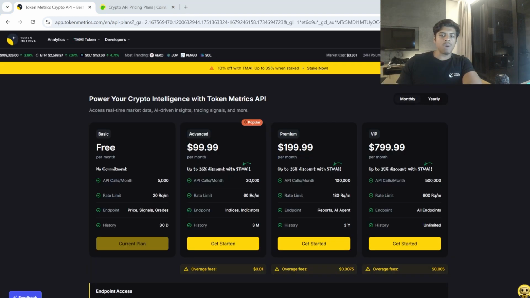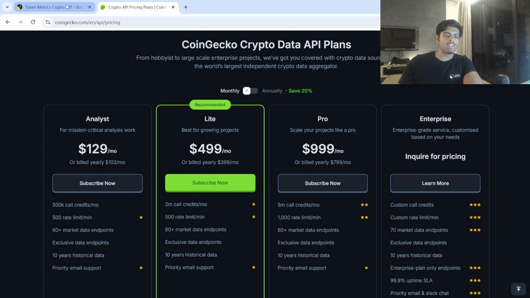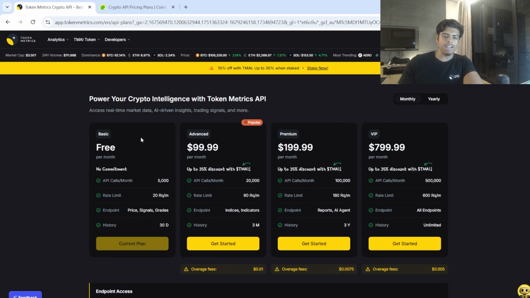Now, when it comes to pricing, it can be a massive deal breaker. Whether you're an early stage project, a solo builder, or a large company, you would want an API that you can test before you pay anything, and an API that can scale with you without costing you an arm and a leg. Both CoinGecko and Token Metrics come with a free plan, so that checks one box with both APIs here.